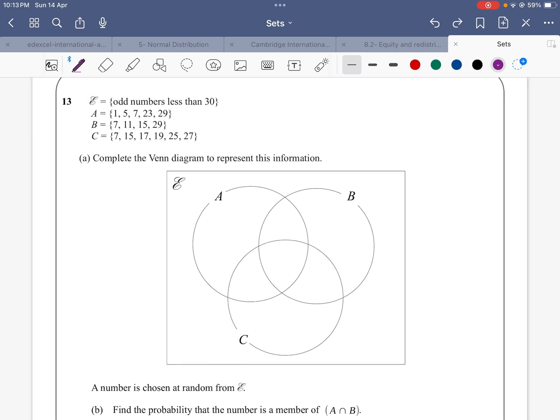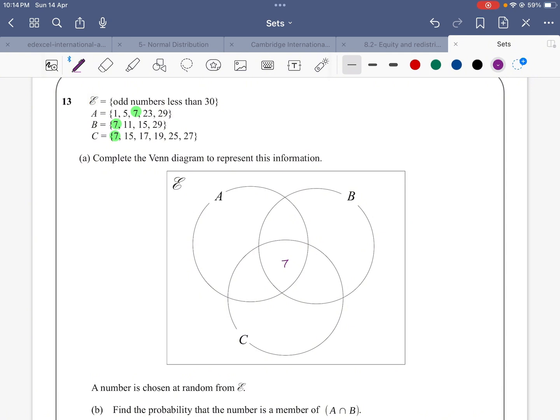Let's see what is common in all 3 of them. First, let's have a look at that. We have only 7, which is common in all of them. Now, what is common in A and B?